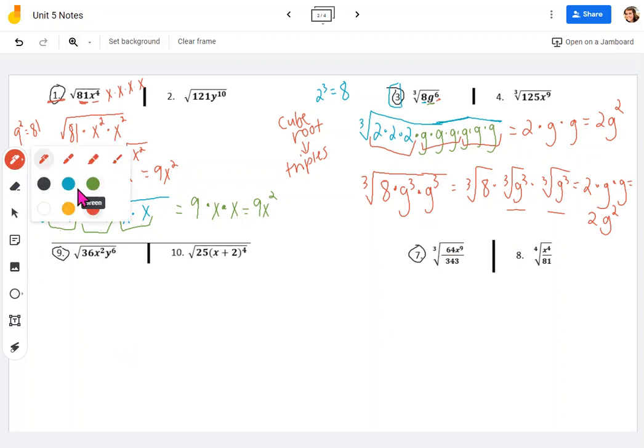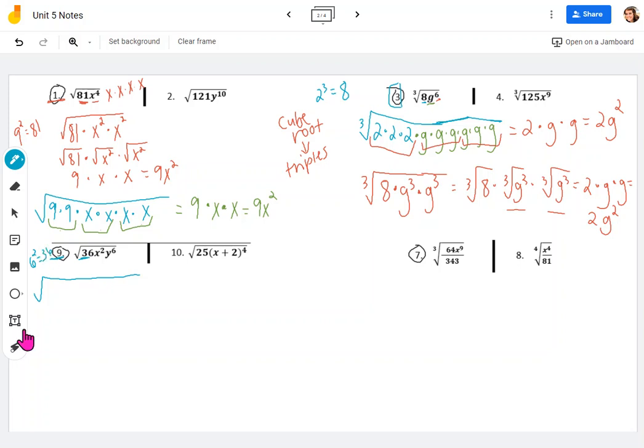All right, we also have examples where we have multiple variables. So this is the same strategies we were just doing, but there's just more than one variable, so we need to be careful we don't mix those up. So the square root of 36 times x squared times y to the 6th, I am going to write that out. 36, I should notice, is equal to 6 squared, so that's nice.